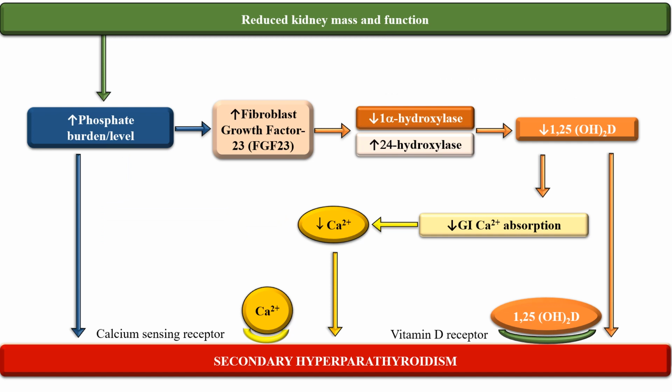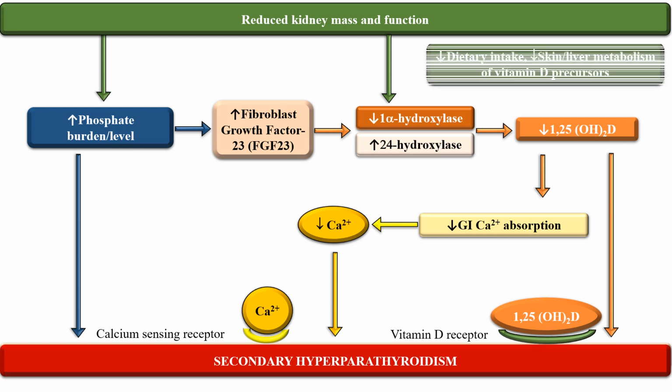Reduced kidney mass and function can also reduce 1-alpha hydroxylase activity because this enzyme is in the kidney. This leads to reduced 1,25 level, which contributes to secondary hyperparathyroidism. Poor diet and reduced skin and liver metabolism of vitamin D precursors can also lead to reduced 1,25D.